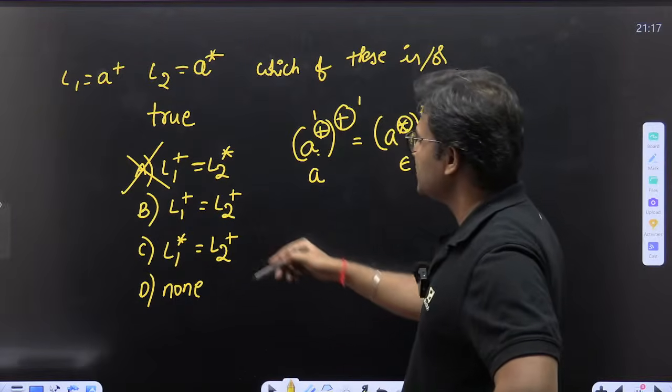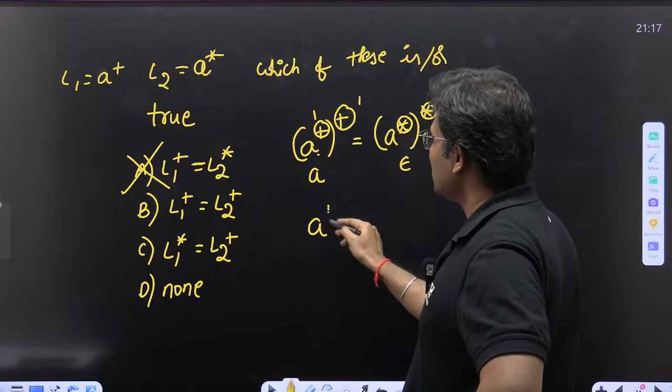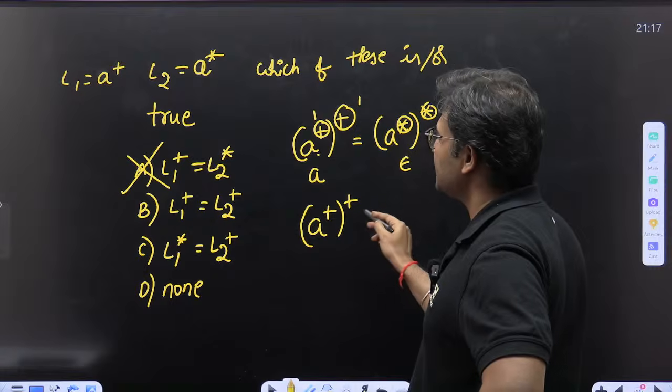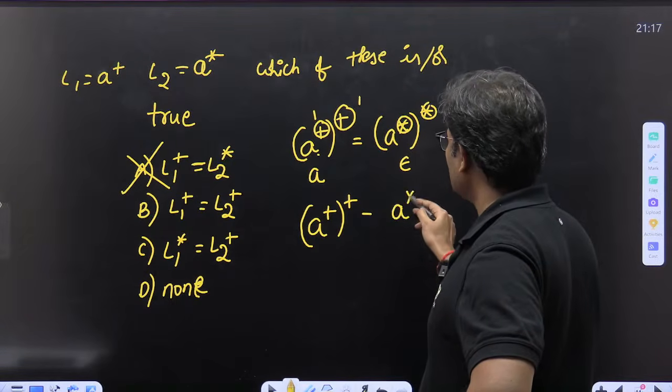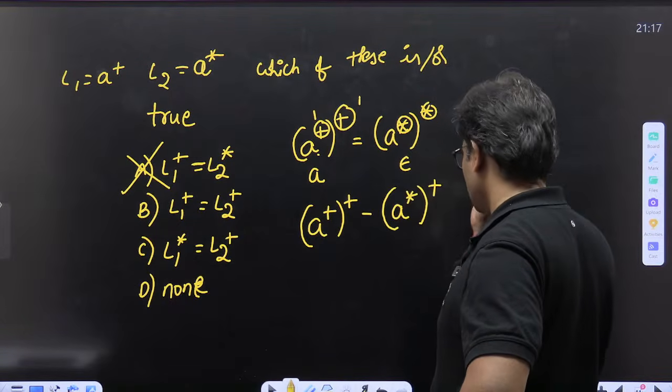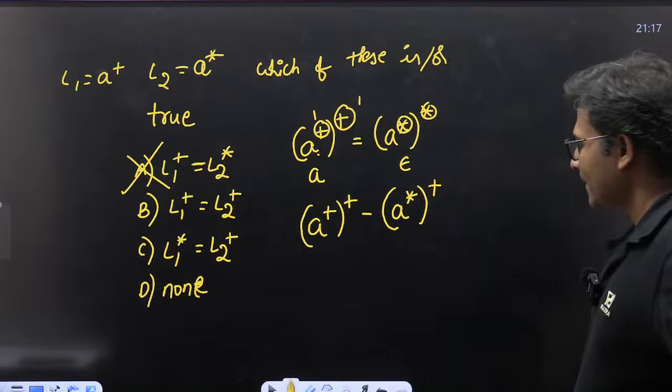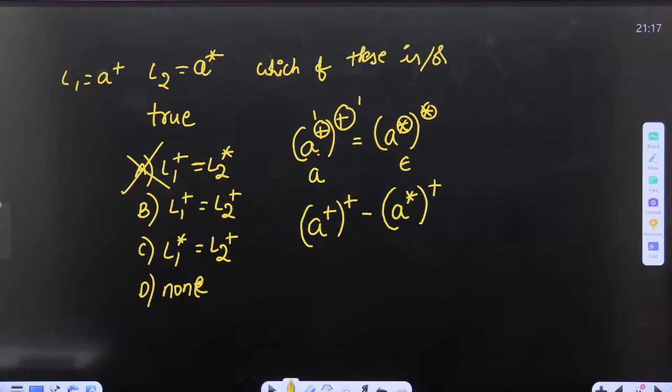Now L1 plus equal to L2 plus. So (A plus) whole plus is equal to (A star) whole plus. Now let us see whether this is right.